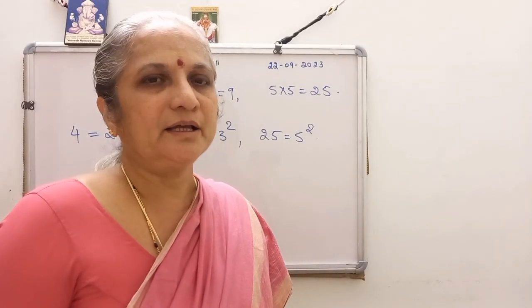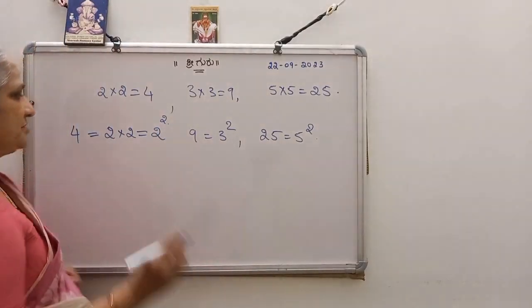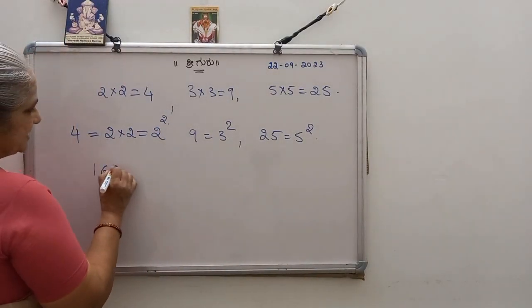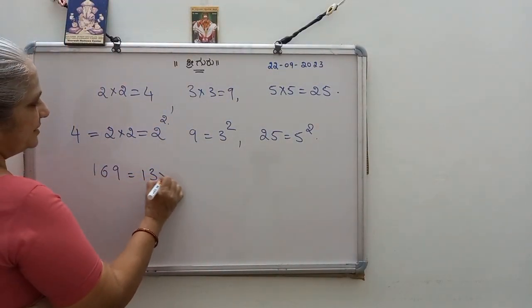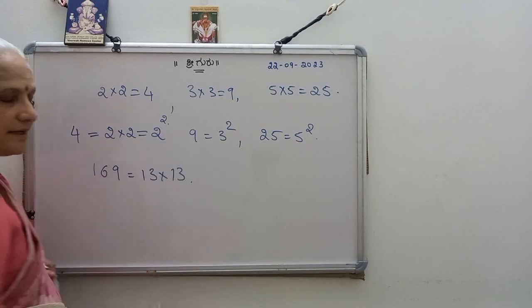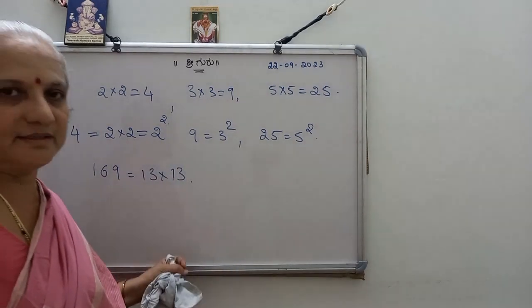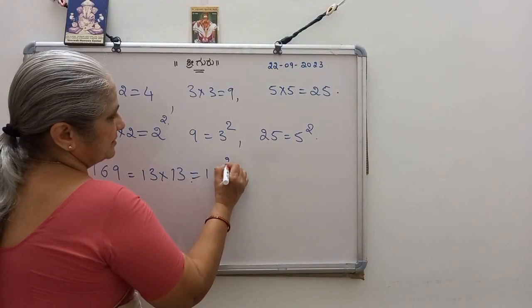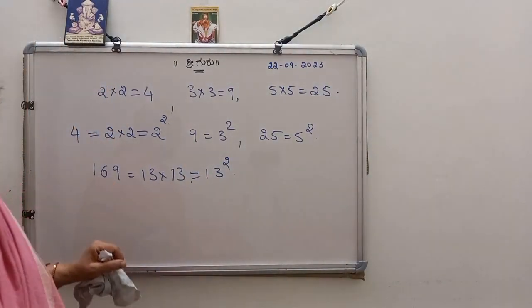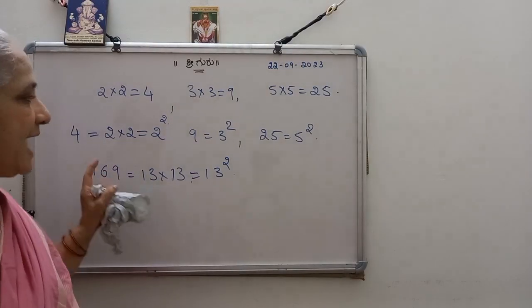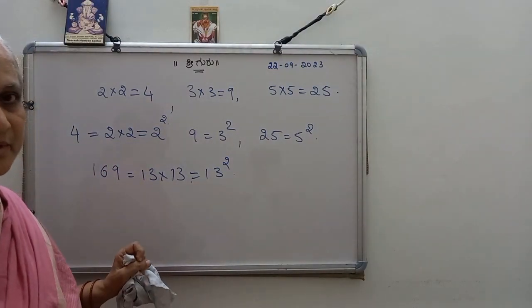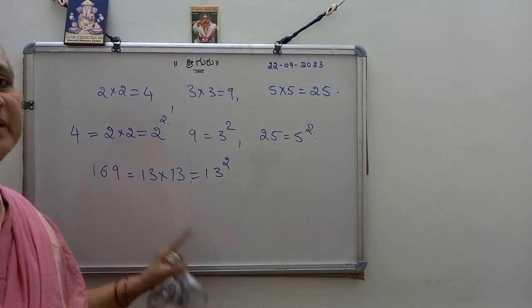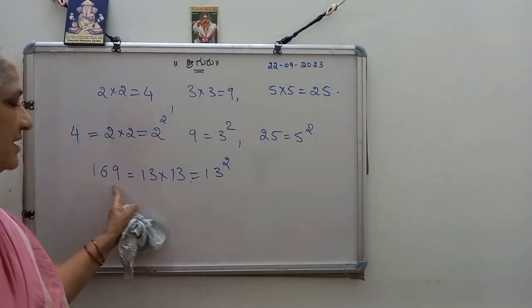How to find it? If you are given 169, just now we tried. 169 is equal to 13 into 13. By practice, you can remember all these. This is equal to 13 square. And what is that number which when multiplied by the same number gives you 169?